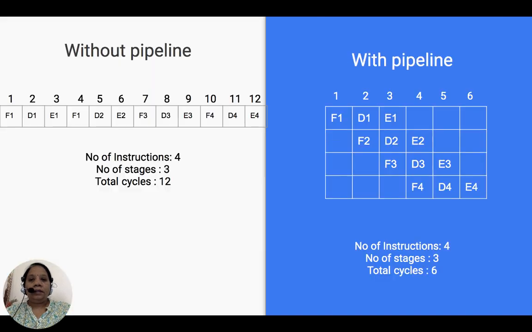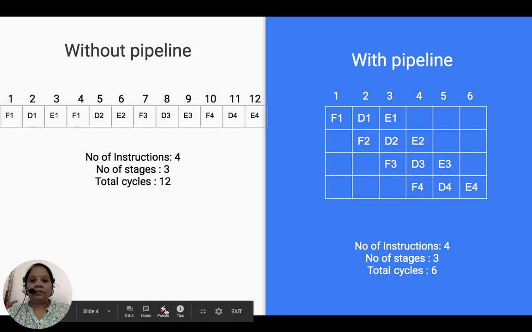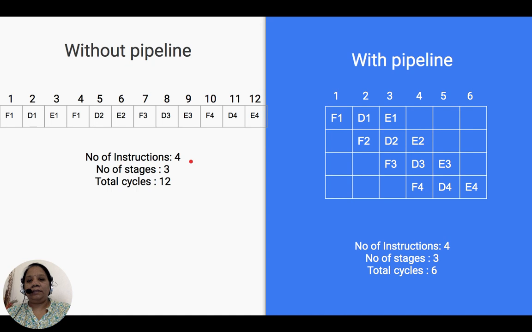Now, let's compare a processor which does not have a pipeline with a processor which has a pipeline. Here you can see that there are totally 4 instructions. We are taking a very simple example: a small program with only 4 instructions, and the number of stages to execute every instruction is 3.